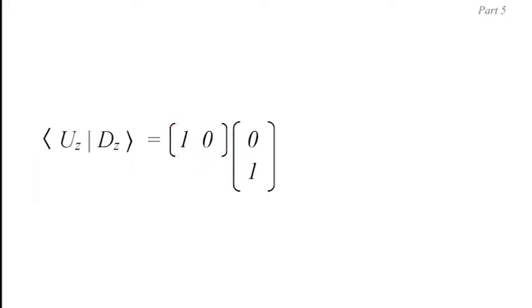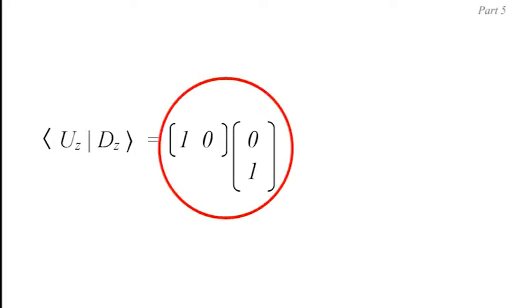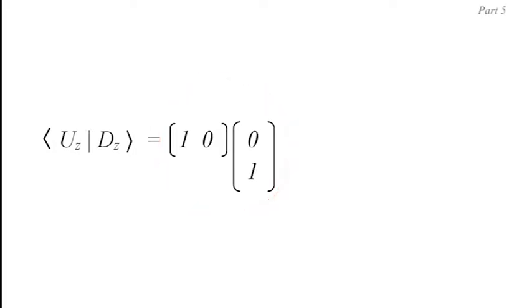We would need to take the complex conjugate of the numbers in the ket vector to use as the numbers in the bra vector. However, as all our numbers here are real, they're only zeros and ones, we can think of this multiplication as just like the dot product. Simply multiply the two things together as vectors in Hilbert space.